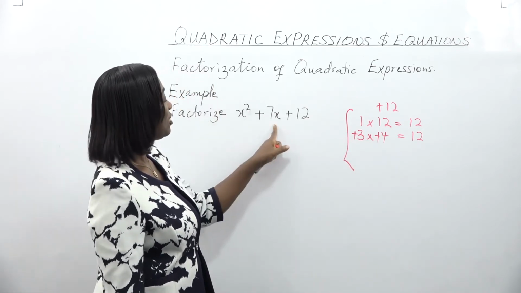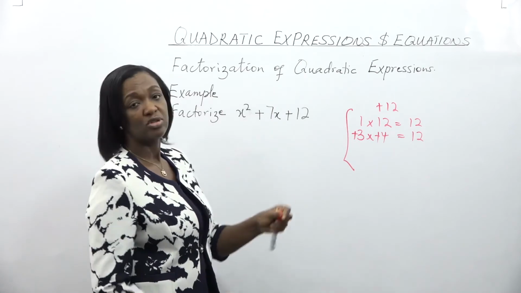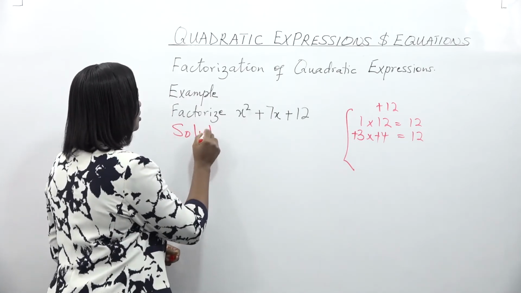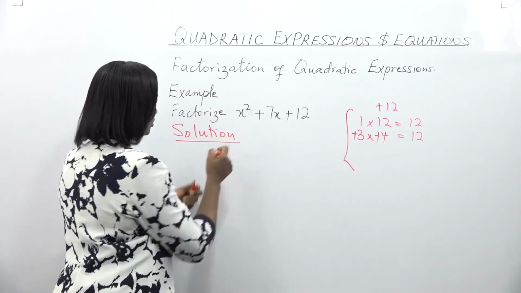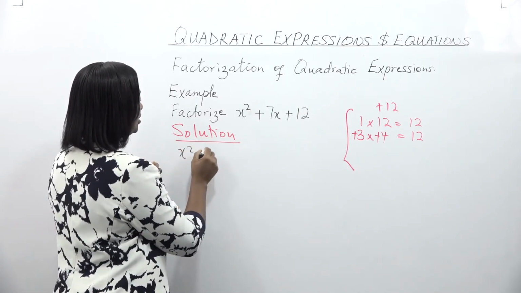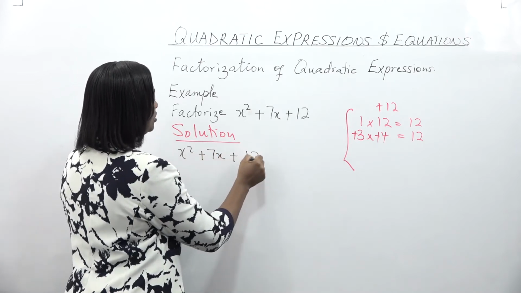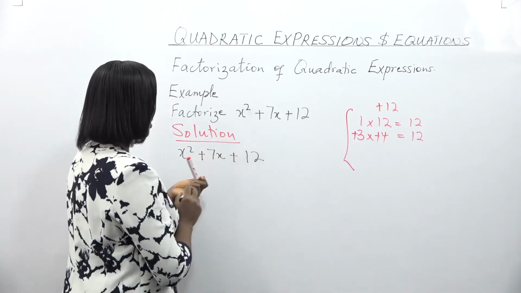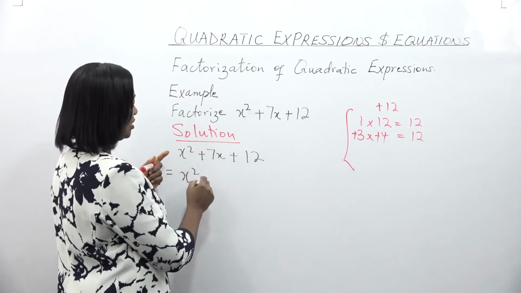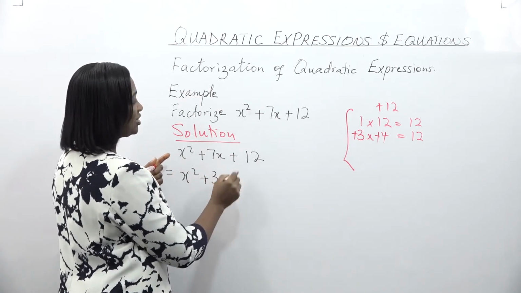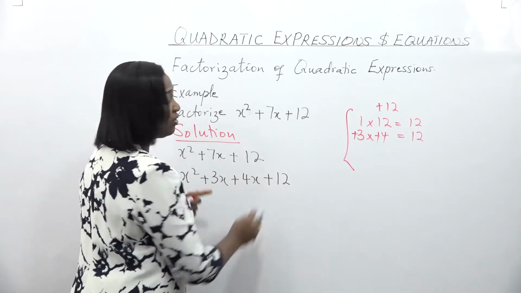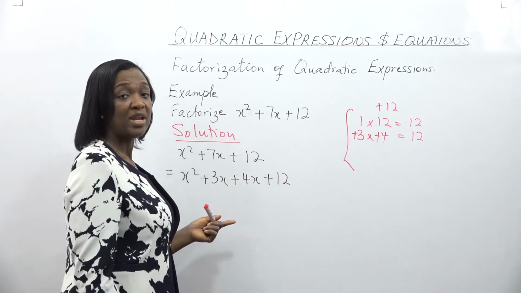So those factors are 3 and 4. We split up the middle term into a sum of the two factors. Solution: x squared plus 7x plus 12 is equal to x squared plus 3x plus 4x plus 12. We haven't made any major changes.